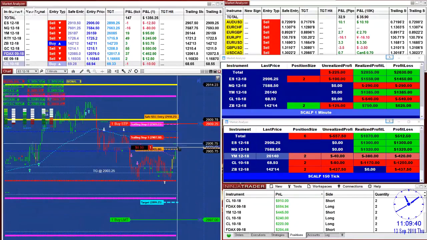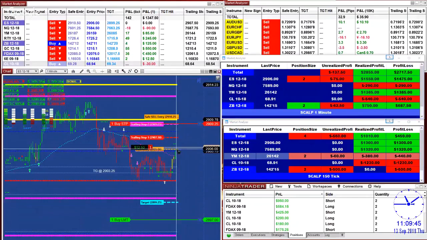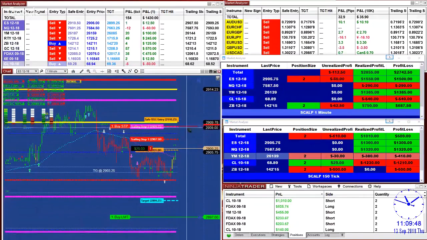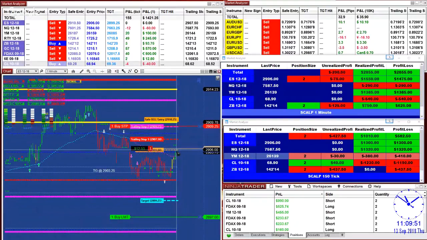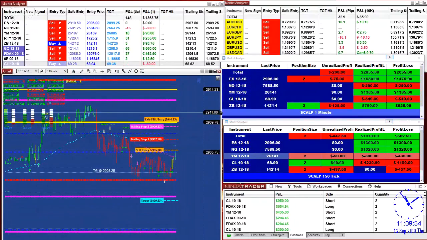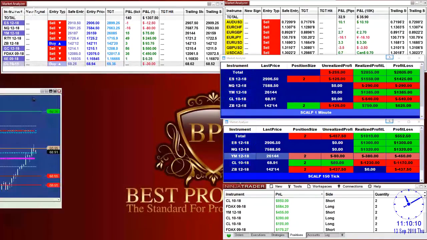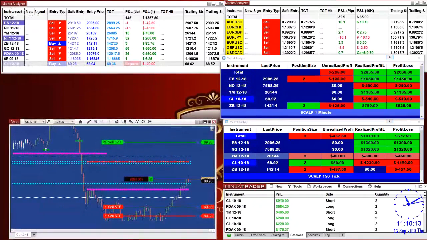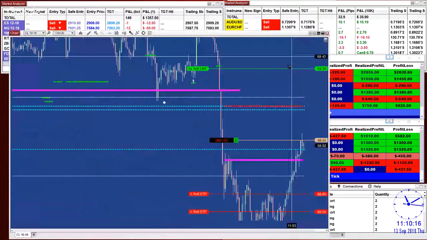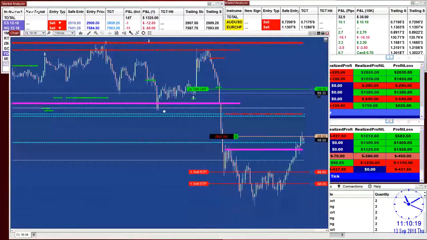I'll be closing this one. And I think we are getting ready to get a new signal. Okay, we just closed it, and we are waiting on a buy signal on the Nasdaq. And now we got the CL, so we're going to move this one away and look at the CL. This is the new signal on the CL.